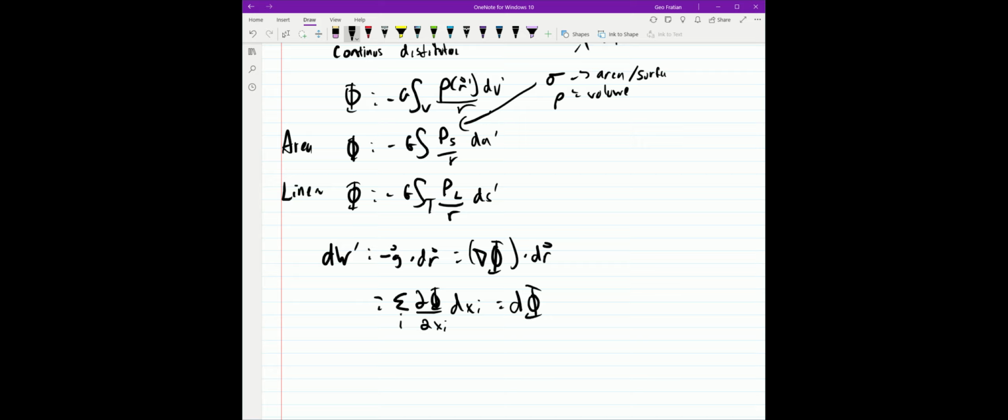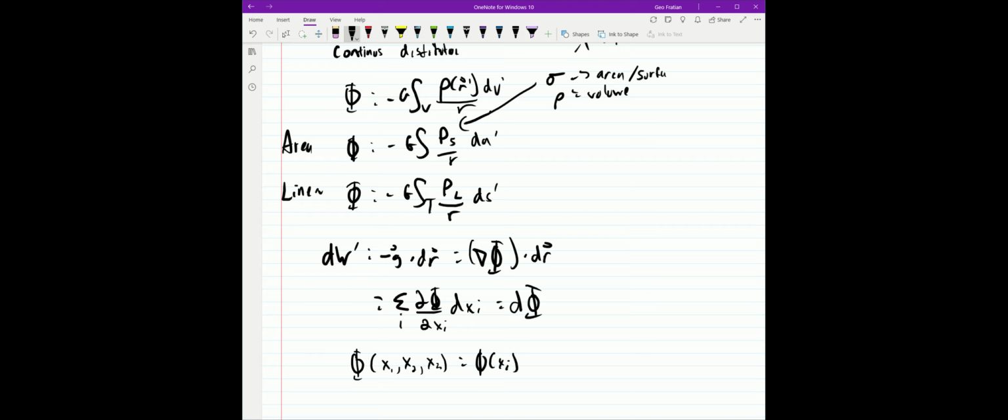And this is because phi is a function only of the coordinates of the point at which it's measured. In other words, phi of x1, x2, x3 only depends on its position.